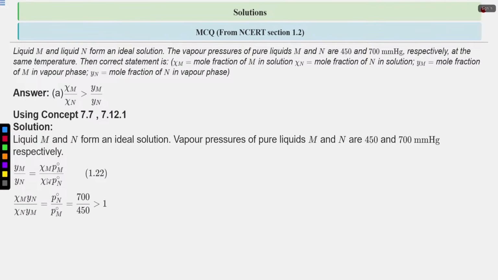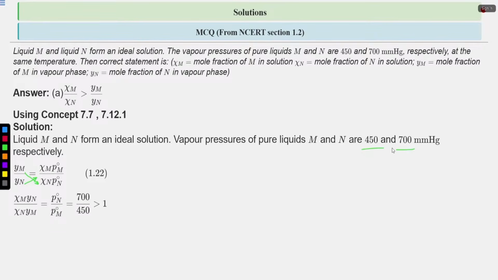From this, you can just rearrange this equation and write it as chi M Yn divided by chi N Ym is equal to P naught N by P naught M. When you put in the values, it will be equal to 700 divided by 450.